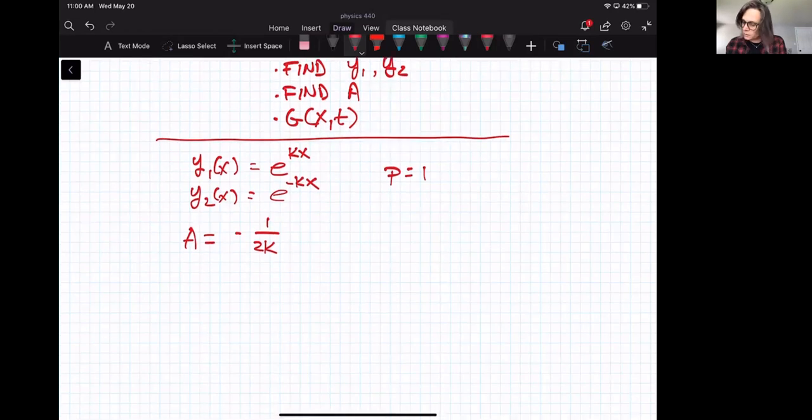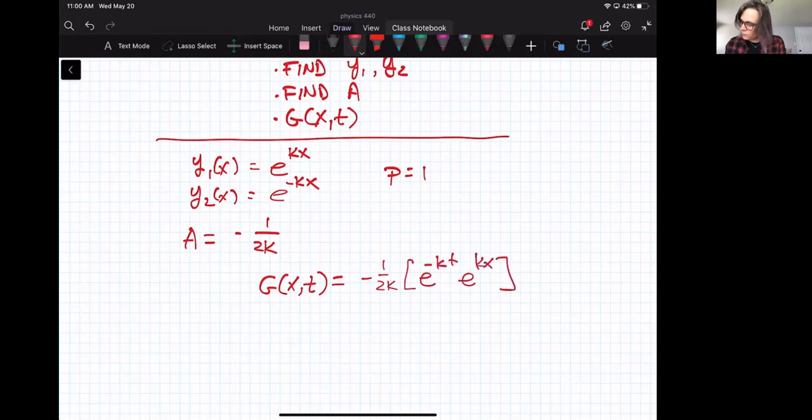And so ultimately your Green's function should look like minus 1 over 2k times e to the minus kt e to the kx for x greater than t, and minus 1 over 2k just the other way around, e to the kt e to the minus kx for x less than t.